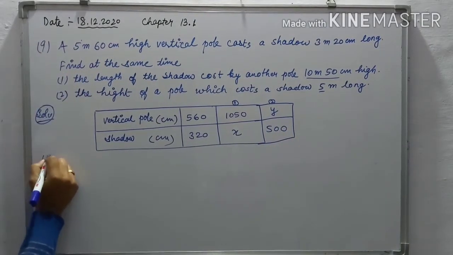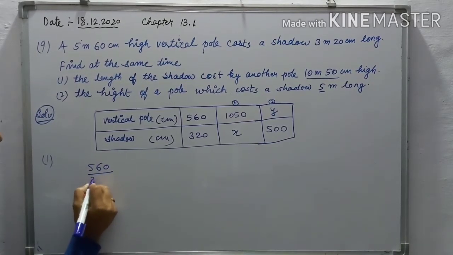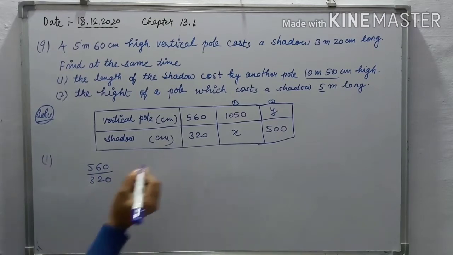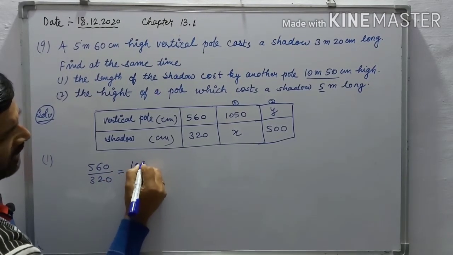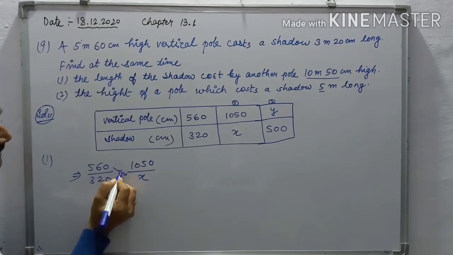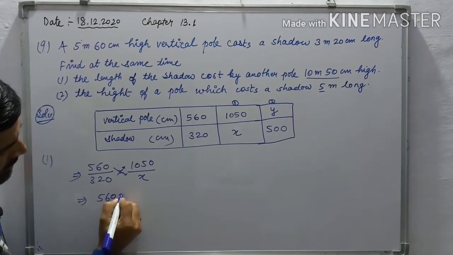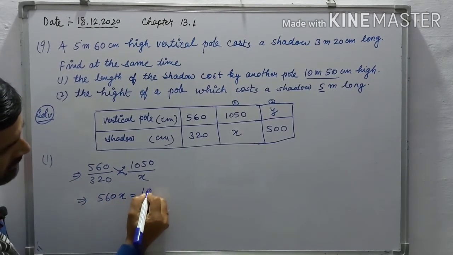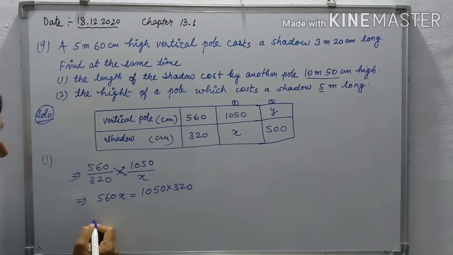The first question: 560 upon 320 is direct, equal to 1050 upon x. Okay, now cross multiplication, it means 560x is equal to 1050 into 320.